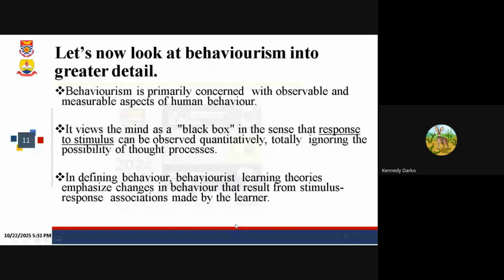All right. So, like I said, behaviorism is primarily connected to observable and measurable aspects of human behavior. We will observe you and we will measure you. And so you realize that when you are writing lesson notes, by the end of the lesson, the child should be able to do A, B, C, D. Can you observe the child doing that?